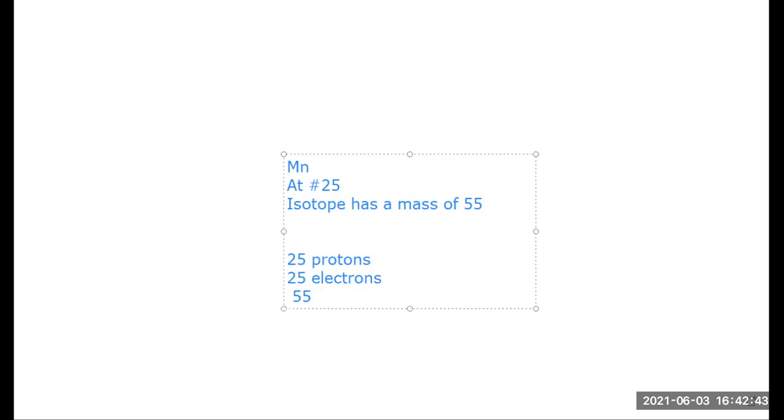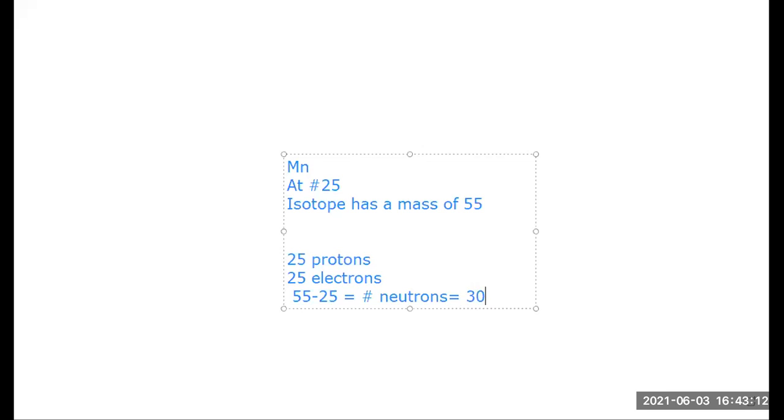And then you are going to have to do 55 minus 25 to figure out how many neutrons you have. And that was supposed to be an N, not an M. So 55 minus 25 will give you 30 neutrons.